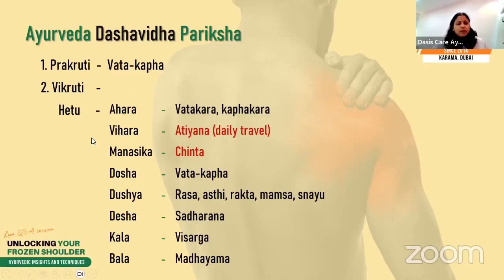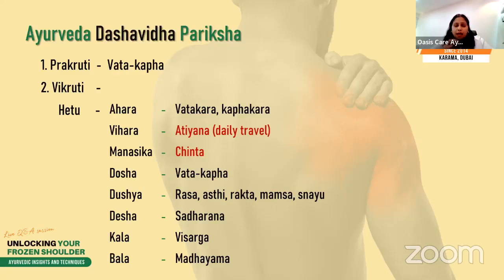In vikriti, the causative factors as per Ayurvedic terminology will be ahara. Ahara, which is our dietary regime, what kind of ahara the patient is taking. It also all depends upon the Vyadhi Samprapti. So it is Vatakara Ahar Vihar and Kaphakara Ahar Vihar.